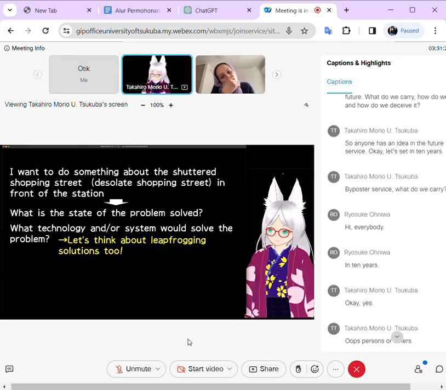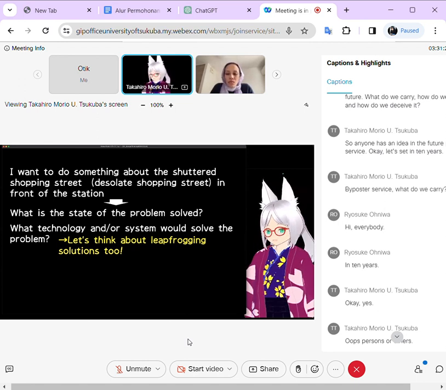Not only superimposing the current condition, but also let's think about leapfrogging solutions.